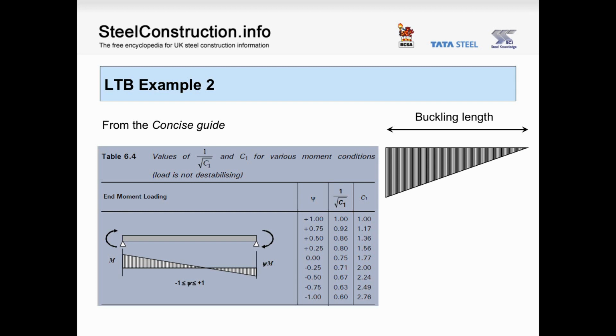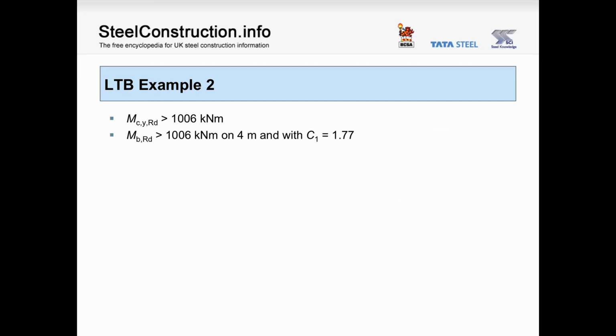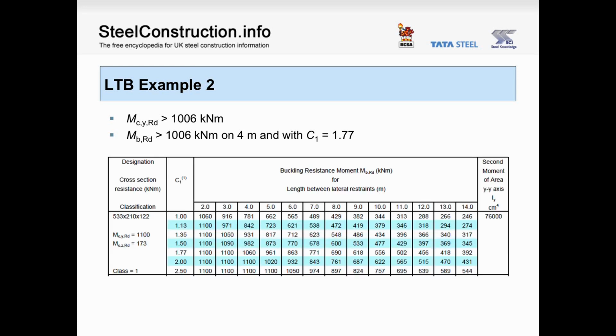In this case, psi is 0 divided by the mid-span bending moment, so psi is 0, and C1 therefore is 1.77. The requirements are therefore that the cross-sectional bending resistance is greater than 1006 kilonewton meters and the lateral torsional buckling resistance on 4 meters with C1 equal to 1.77 also is greater than 1006 kilonewton meters.